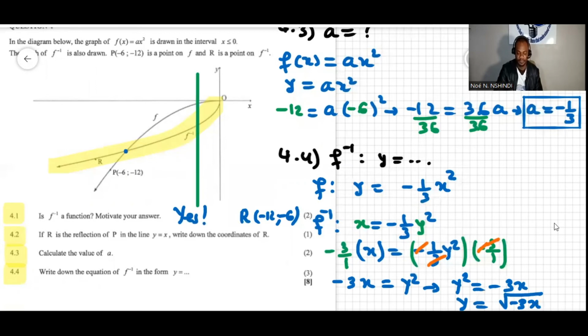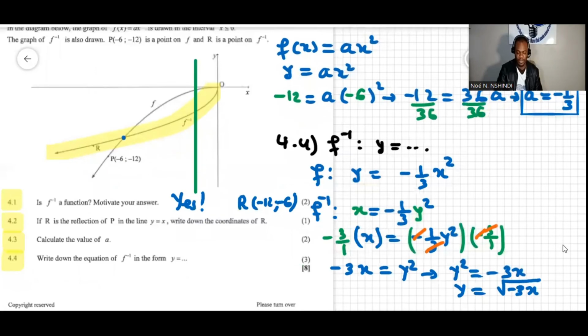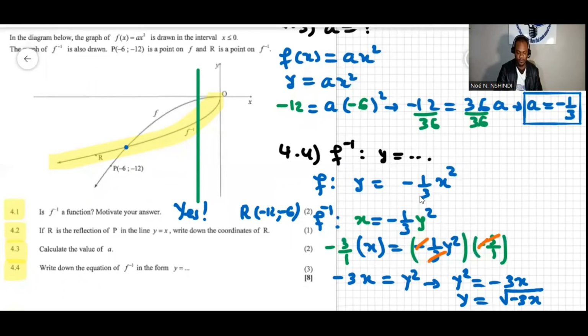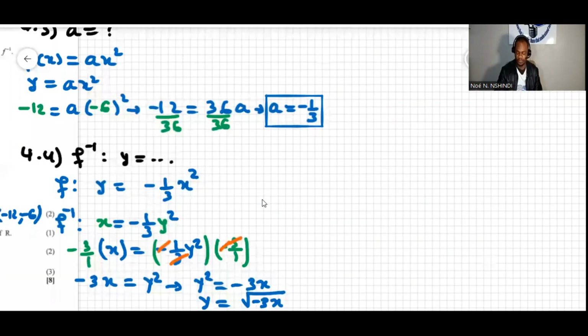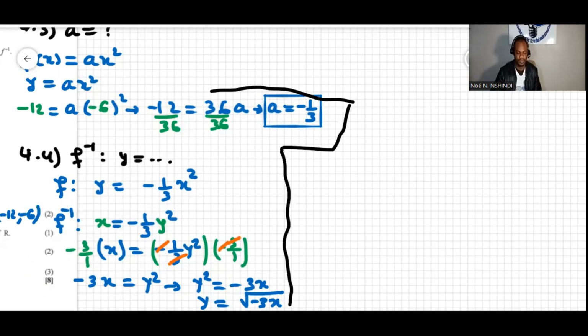So I can say y is equal to that. Let me just move this over here. Therefore f^-1 in the form y is written like y = √(-3x).